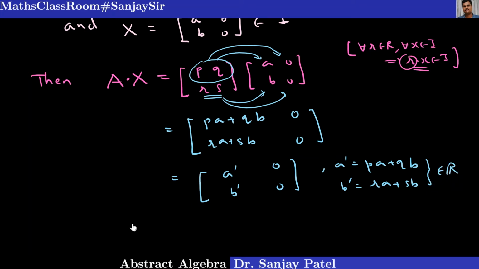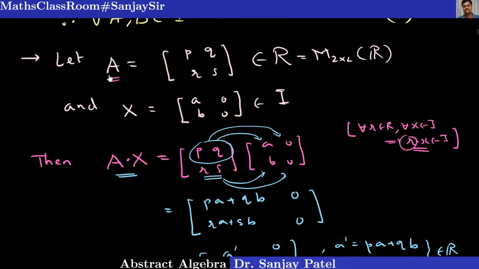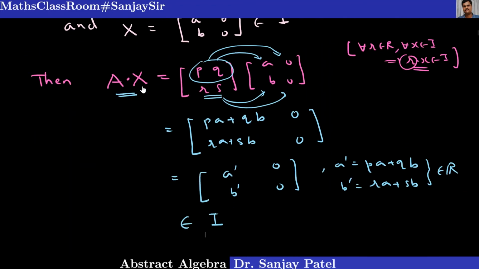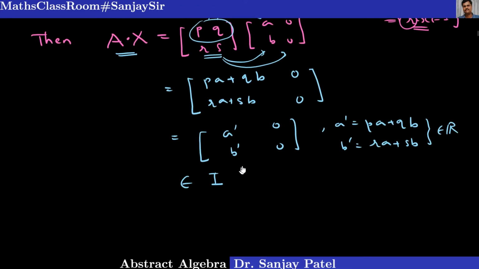So both are reals. So A into X, this matrix is of the form A dash, 0, B dash, 0. But such matrices belong to the set I. So what we have proved? We have proved that if we take anything from the ring R and anything from the set I and multiply in this order A into X, then you will get the resultant matrix in the set I.